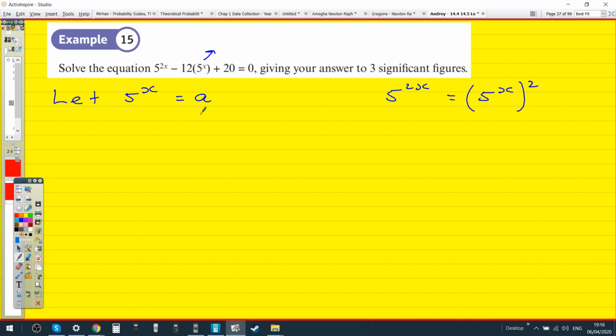So it would be a squared minus 12a plus 20. Yeah, so it's not 5a squared, it's just a squared. So now try solving that.